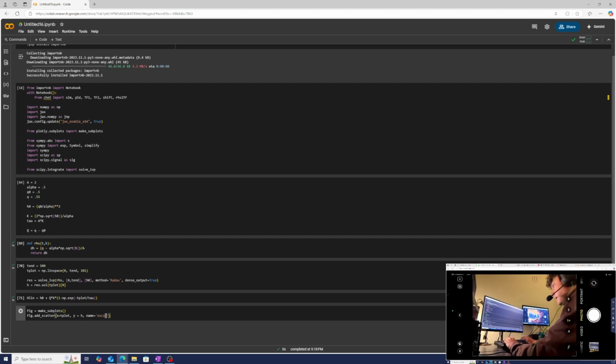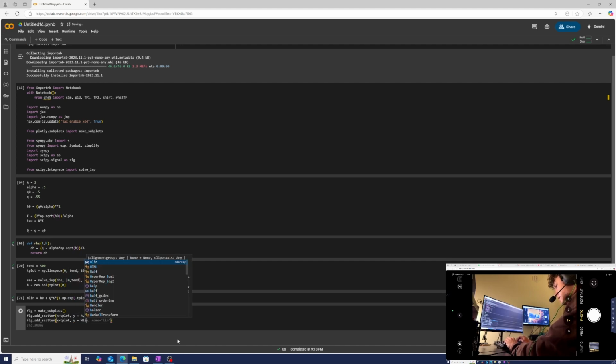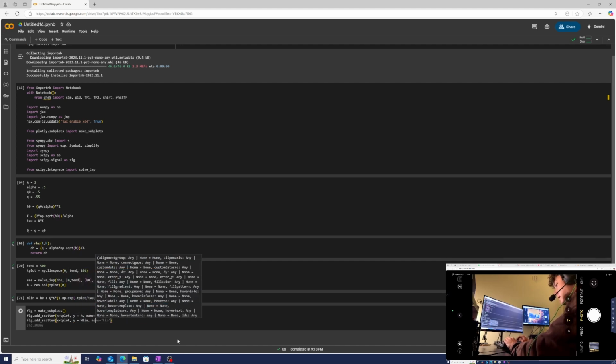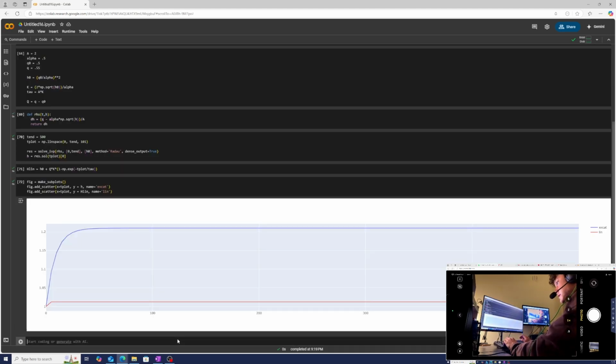I'm struggling to spell exact. Fig dot add scatter. Our x's again, t-plot. Our y this time will be our h linear solution. Our name for this will be linear. So we'll see what this is.